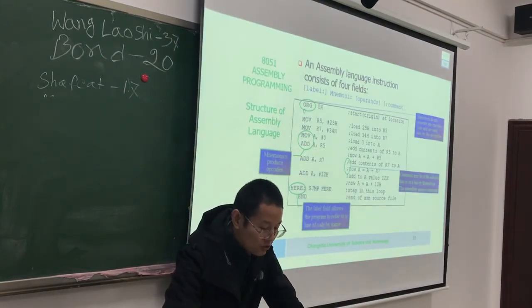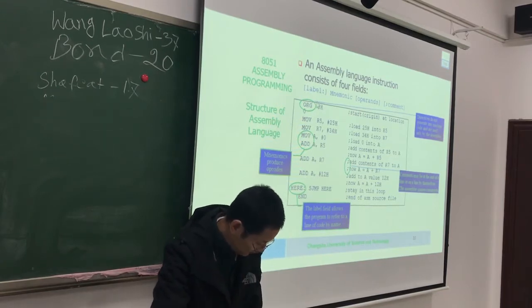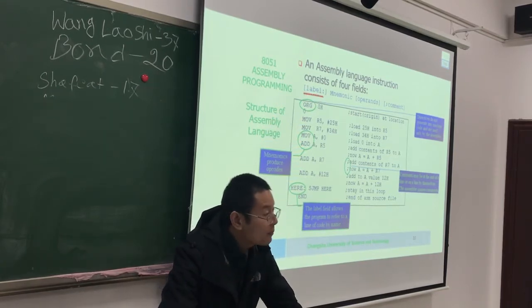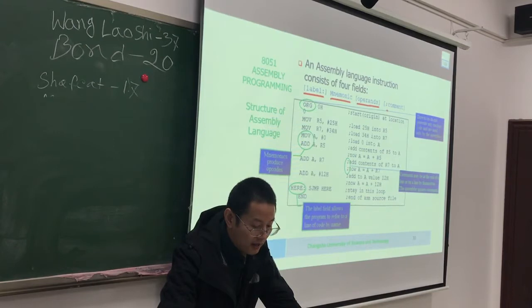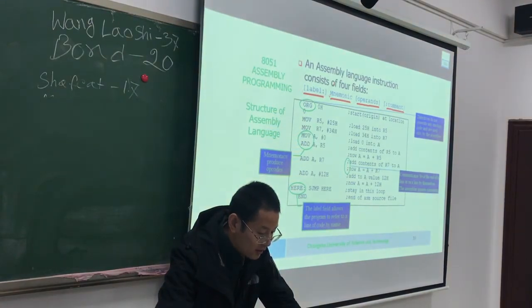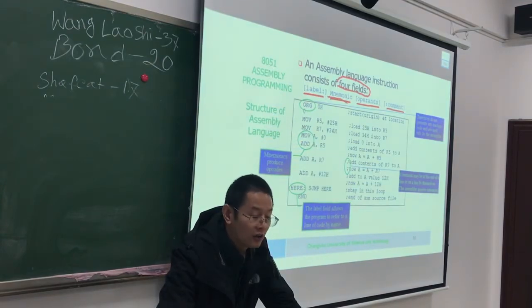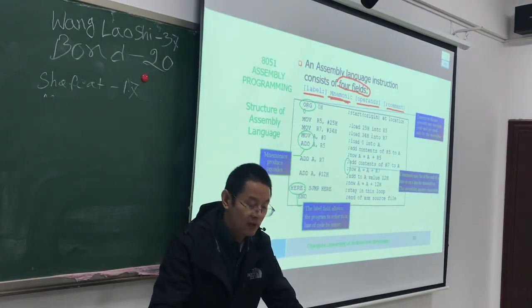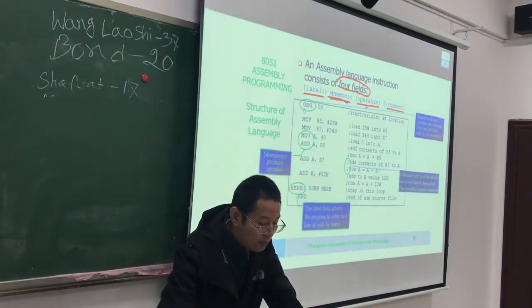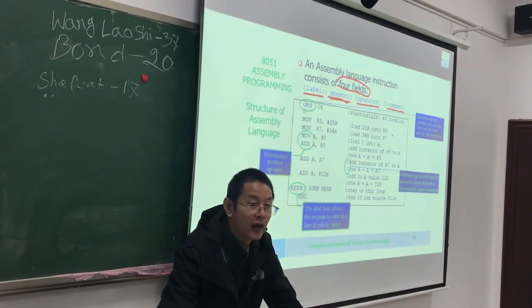An assembly language instruction consists of 4 fields: label, mnemonic, operand, and comment. The mnemonic is necessary, but the label, operand, or comment is optional.